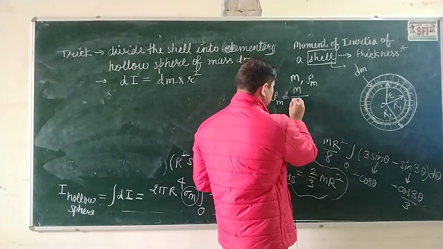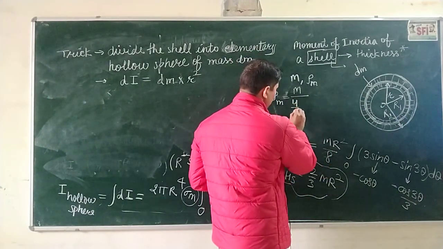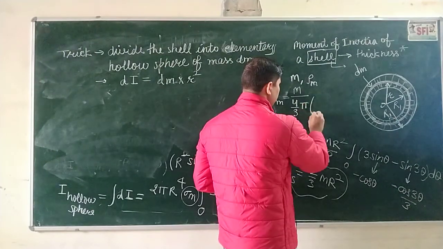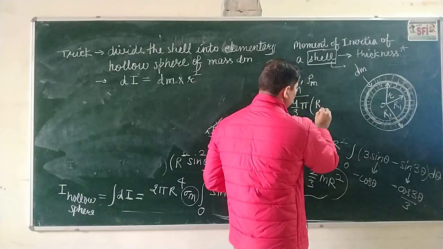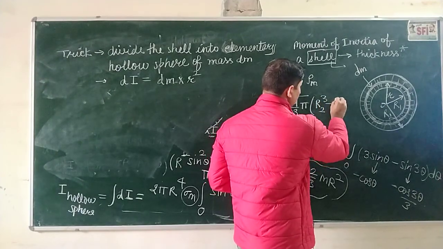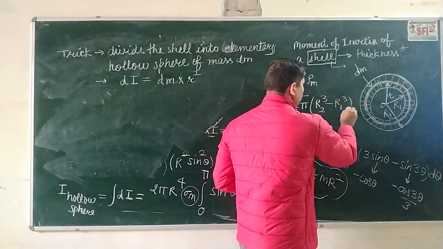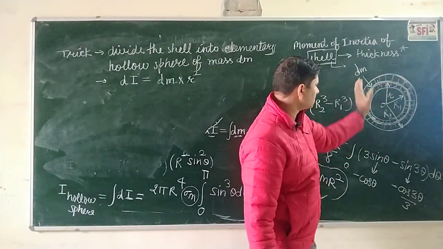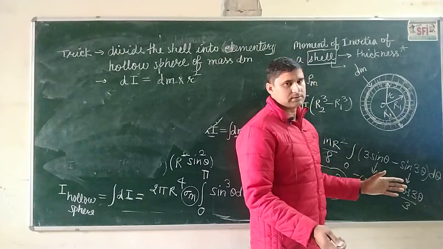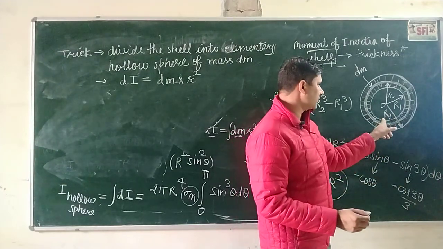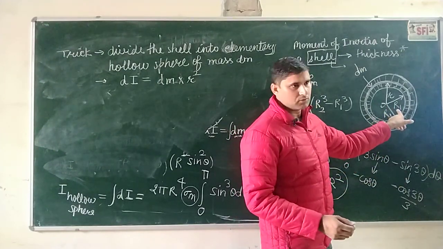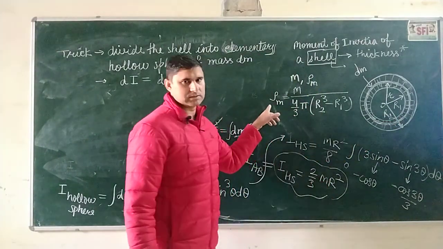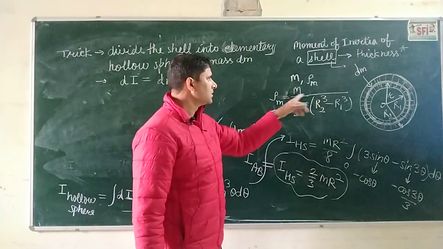The volume here will be 4/3 pi into r2 cube minus r1 cube, because this is hollow from inside. So from the total volume you will decrease the volume of the sphere of radius r1.